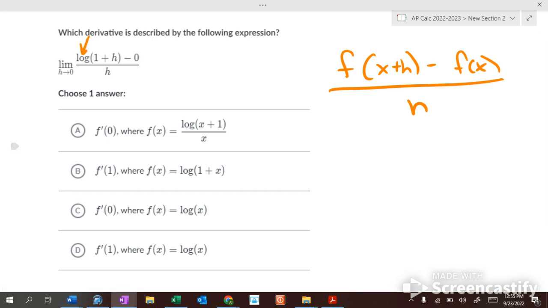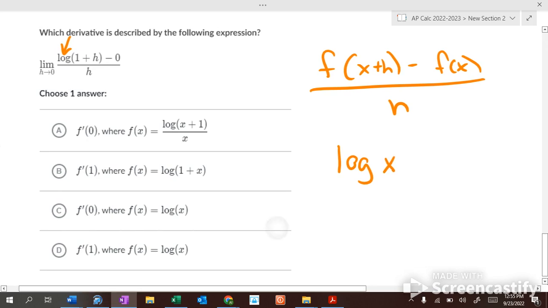Well, as you can see here, it involves a logarithm. So we're taking the log of x plus h. So it's a logarithm of x. And then it has a logarithm of 1 here.